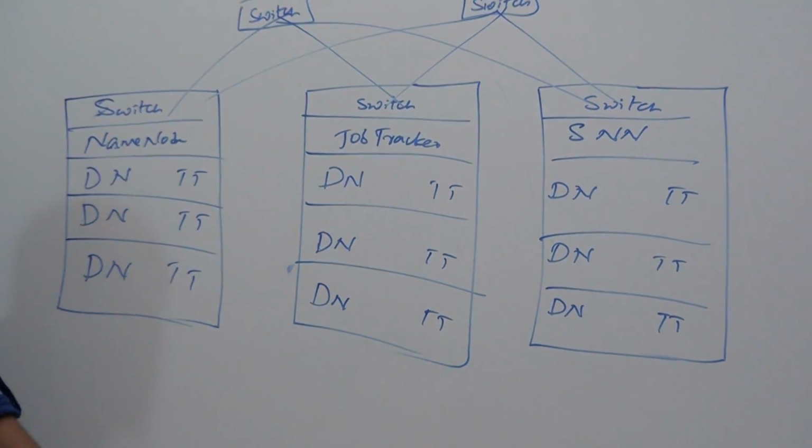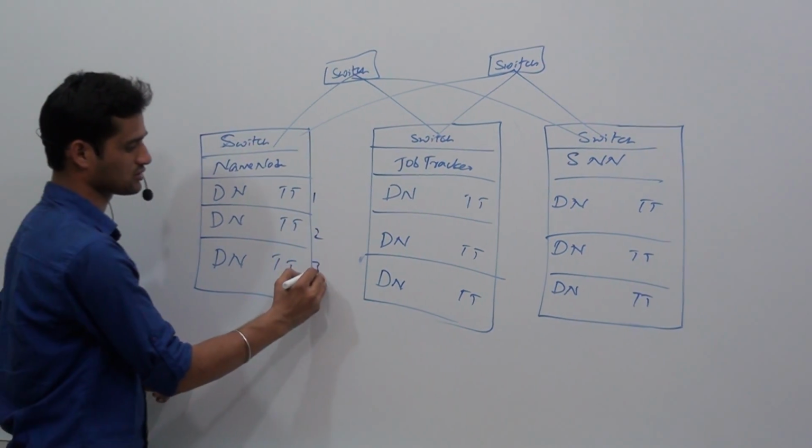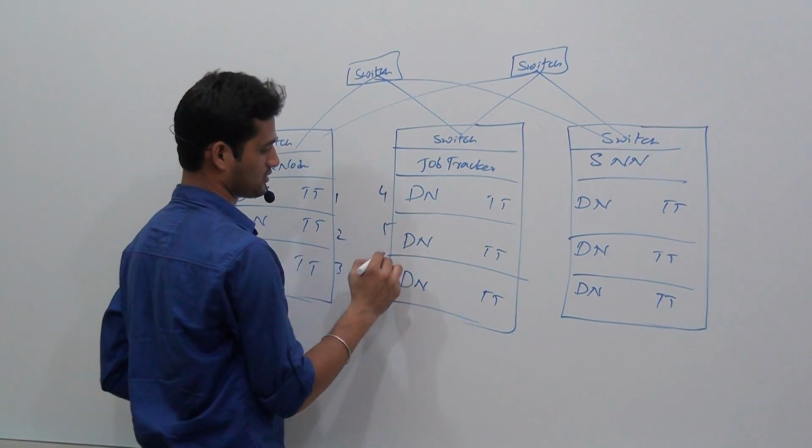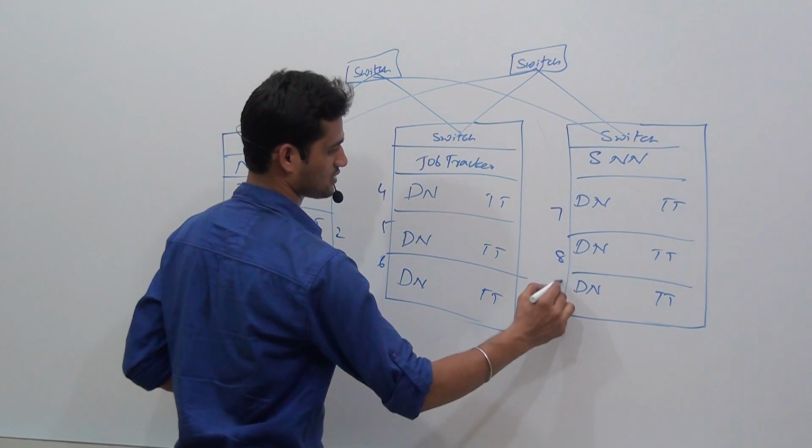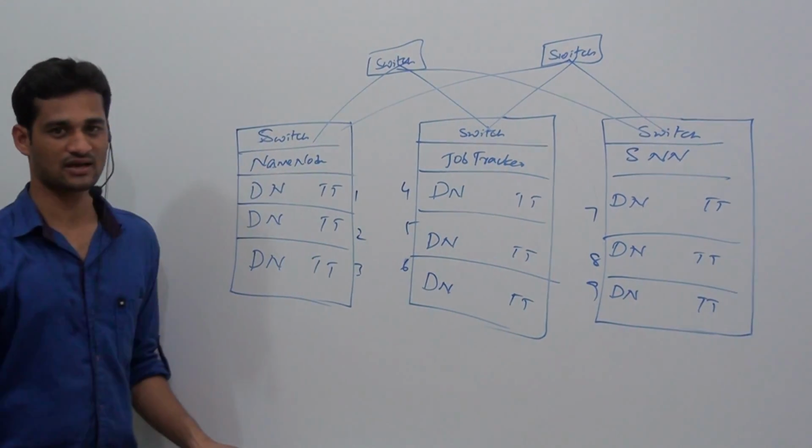Now see, system number 1, 2, 3, 4, 5, 6, 7, 8, 9. So now you are having 3 racks in this.